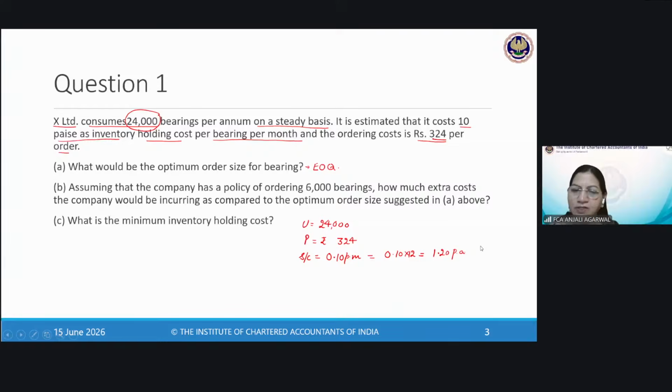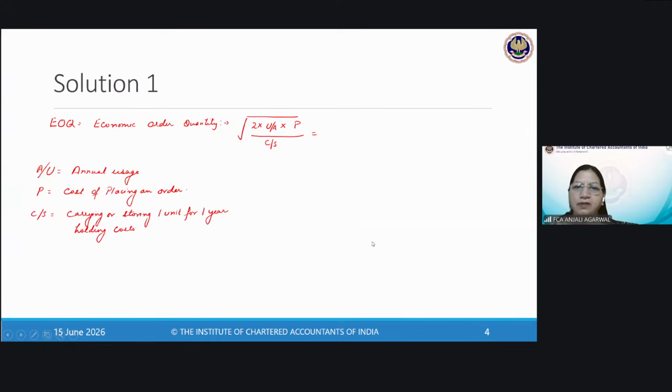So we have got all the three information that we need in the formula. It becomes 2 into 24,000 into 324 divided by 1.2.